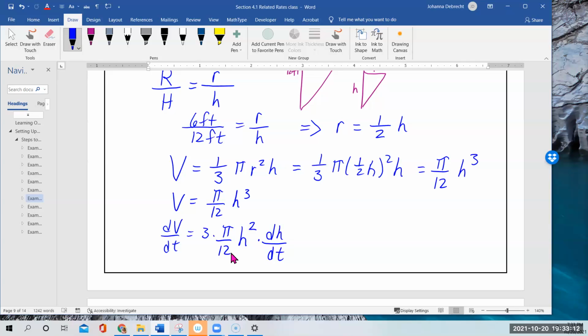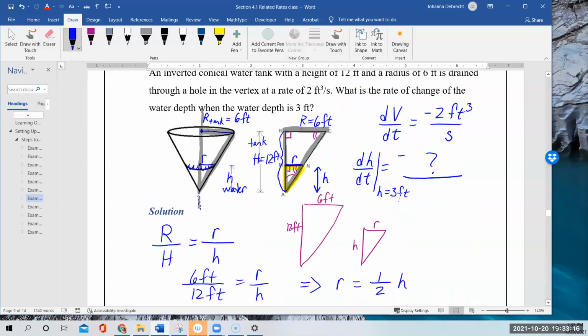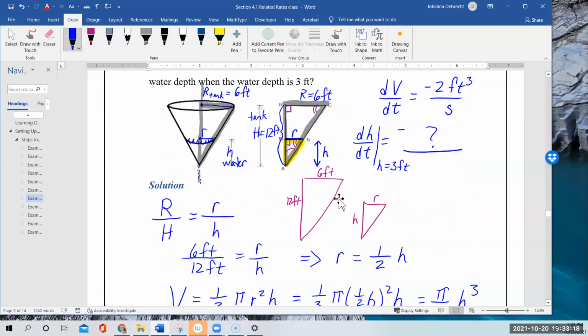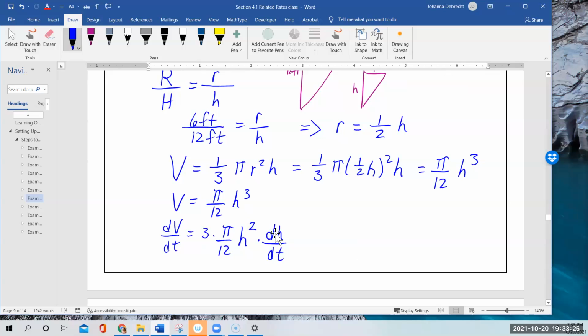Now I know that I'm looking for the change in the height when the height is 3 feet. So I'm looking for dh/dt. Let's go ahead and solve this equation for dh/dt before we plug in.